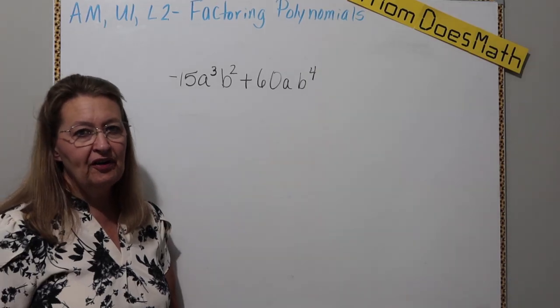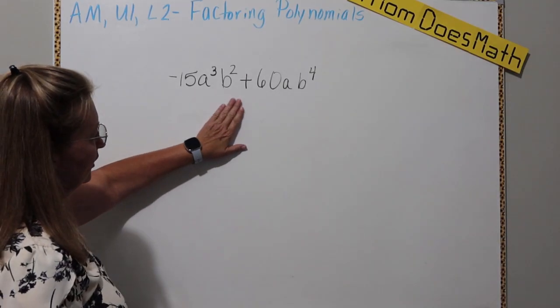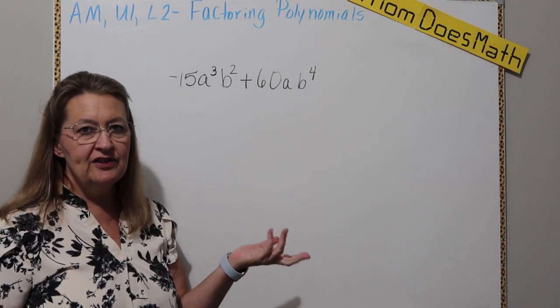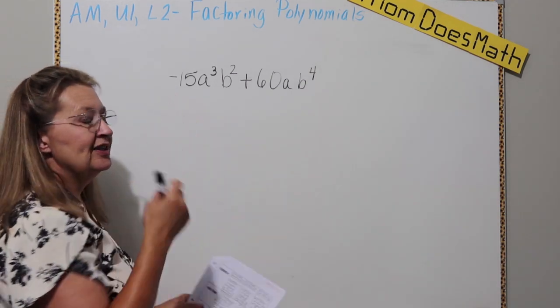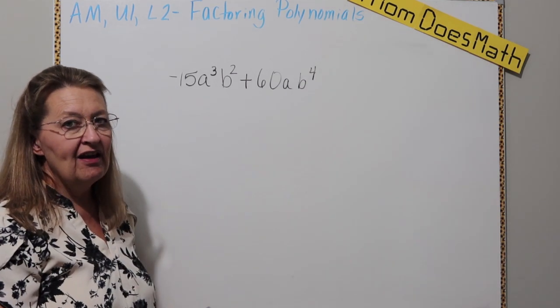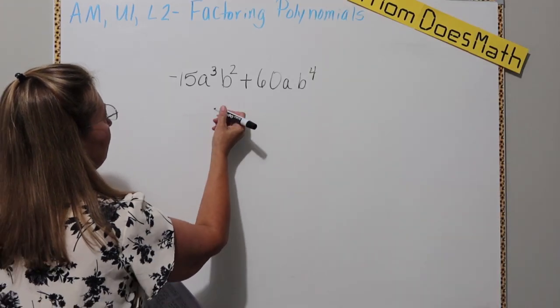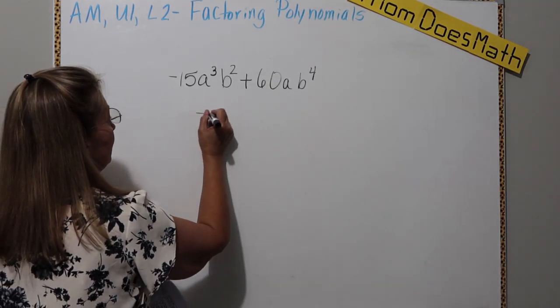Okay, last one, number 32. Let's knock this one out. Negative 15a cubed b squared plus 60ab to the 4th. First thing we want to do is take out a greatest common factor if there is one. And since my leading coefficient is negative, when I factor that out, I'm going to factor out a negative so I don't have a leading negative. Alright, what will go into 15 and into 60? Well, 15 will.